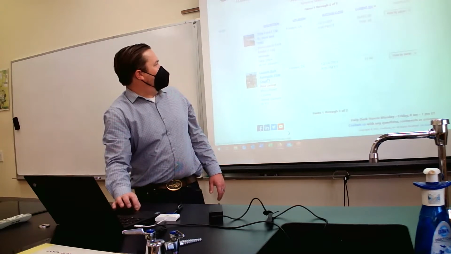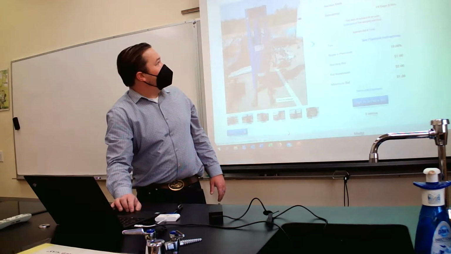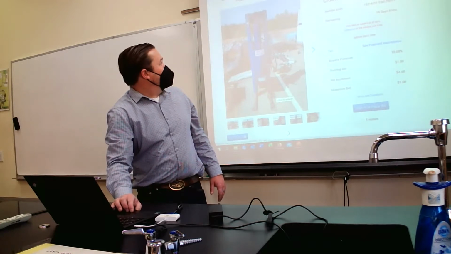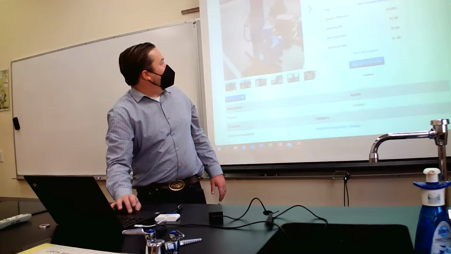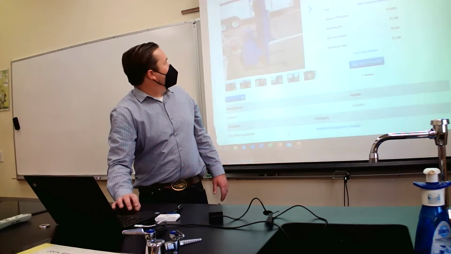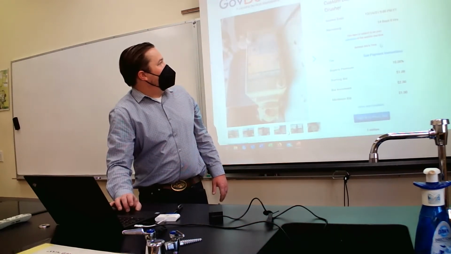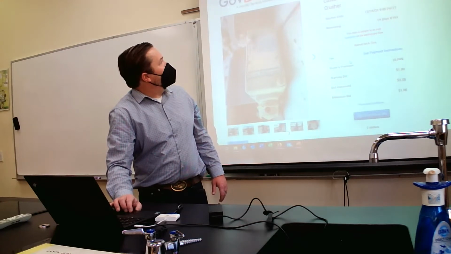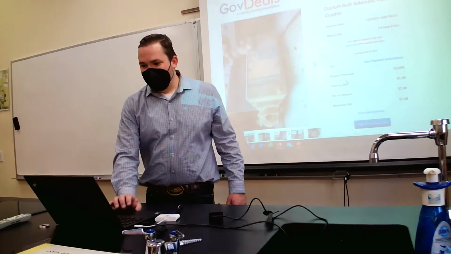I don't even know what a custom built automatic filter crusher is. Sounds interesting. It's like a good rock powderizer. Yeah, exactly. It looks like a log splitter, except. This one has no bids currently. So if you wanted a rock crusher, there you go.